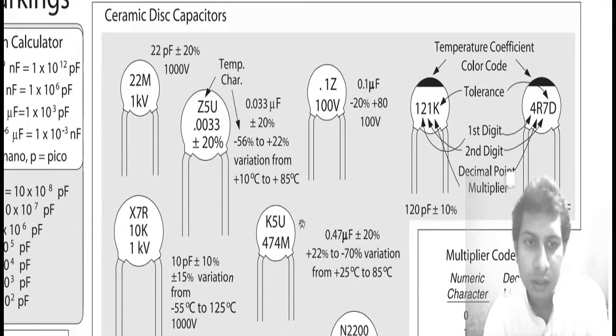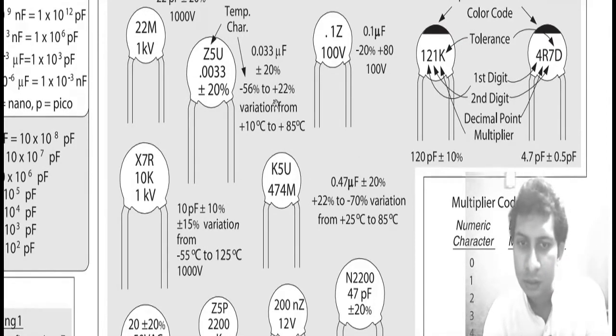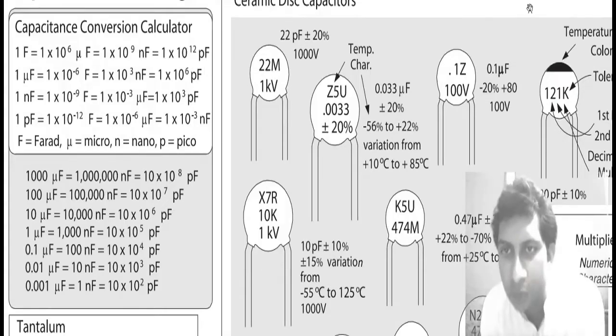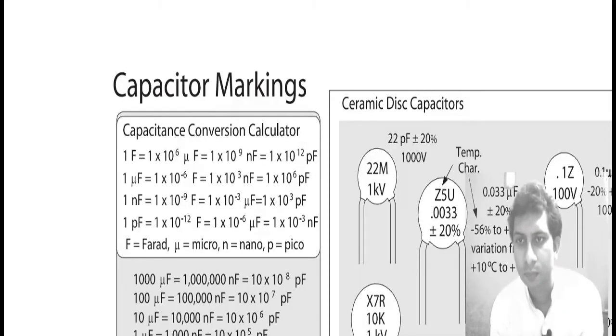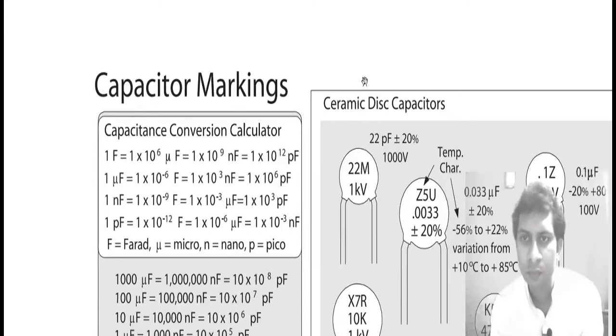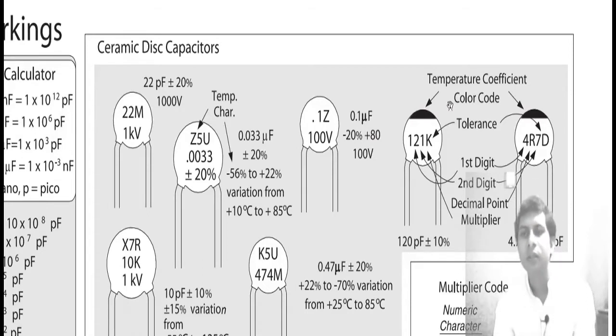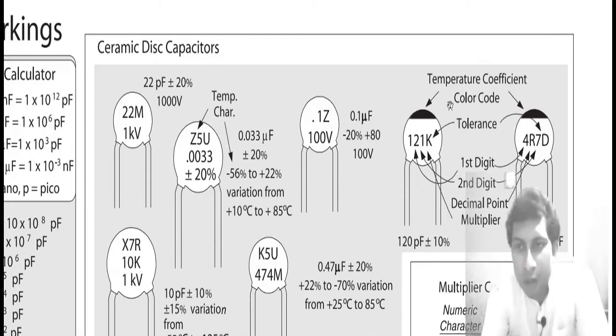So from this you can find out, if there is a similar kind of ceramic capacitor, but there is a mark on the upper side with a black color or a color code, then it is treated as marking used for temperature coefficient also.